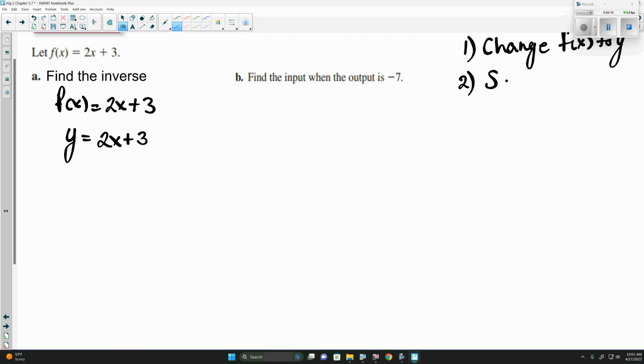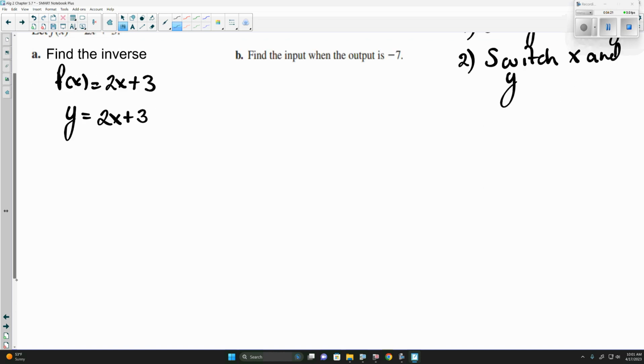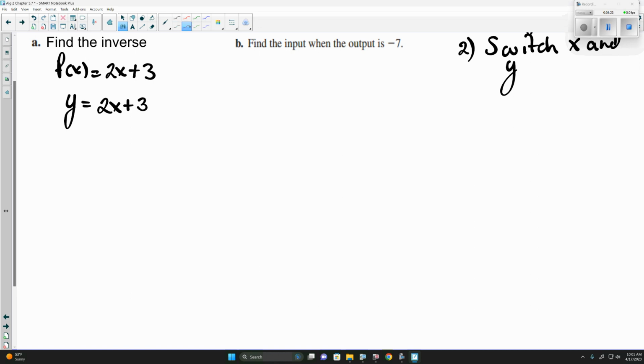So what we're going to do is switch x and y. With this here, instead of y equals, it's now x equals 2y plus 3. We switch x and y. We don't do anything else, we just flip the two.